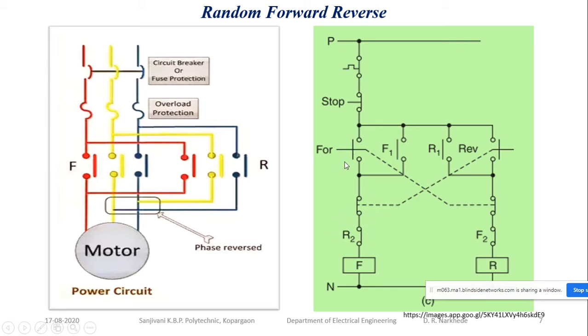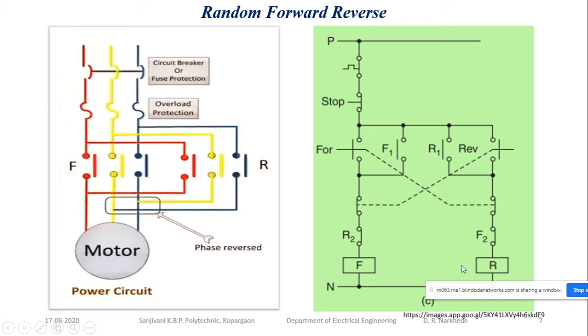This acts as interlocking also. If again I want to rotate the motor in the forward direction, I simply press the forward start push button. The auxiliary contact of this forward start push button, which is connected in series with the reverse contactor, will open.